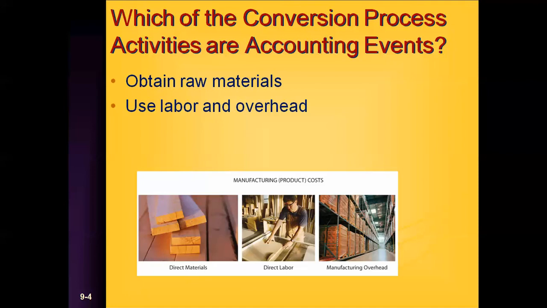Cost accountants really use that term frequently. And then last but not least, when you store finished goods in the warehouse, you're increasing finished goods inventory, but you're decreasing work in process inventory. So those are the conversion process activities that would initiate accounting events.